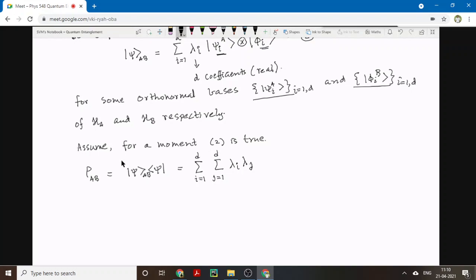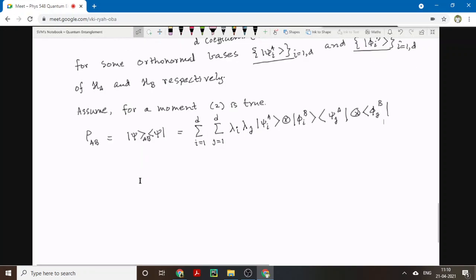So this is lambda J, and then I have psi I A product phi I B, and then I have psi J A product phi J B.